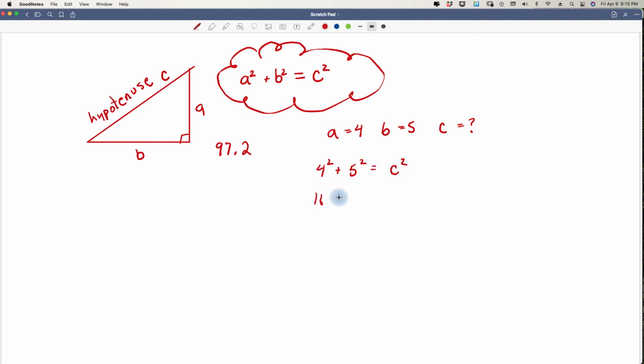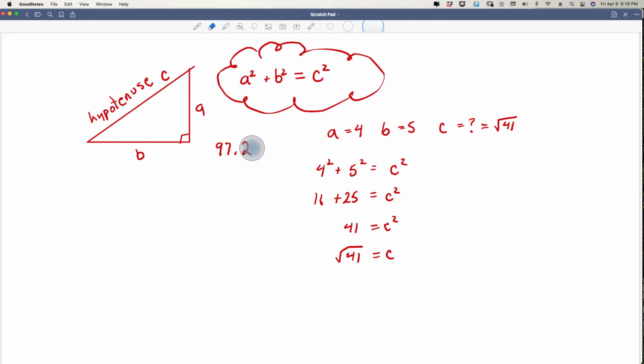So that's 16 plus 25 equals C squared. 16 and 25 is 41. How do we unsquare? We do the square root of 41. Can we get the square root of 41 as a whole number? Nope. So C equals the square root of 41. That's as far as you can go with it, because there are no factors of 41 besides 1 and 41.